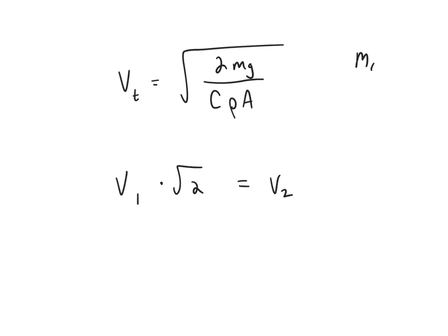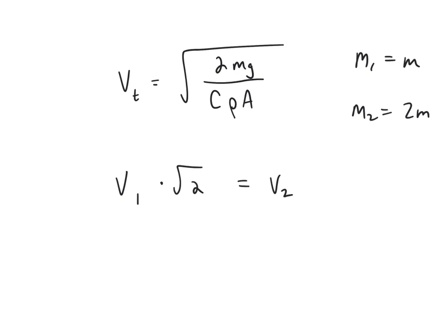So if you double the mass, your terminal velocity goes up, but only by a factor of radical 2, because this is directly related to v, but it's under a square root.